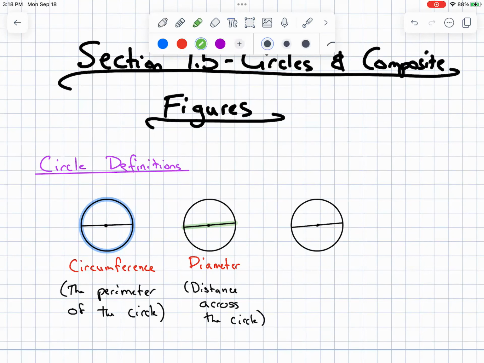But if you were to shorten that to go from the center of the circle to the outside, that is one of the ones we know and love, which is going to be called the radius. Which is the distance from the center to any point on the circle.